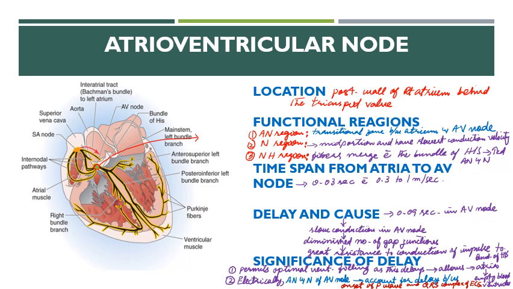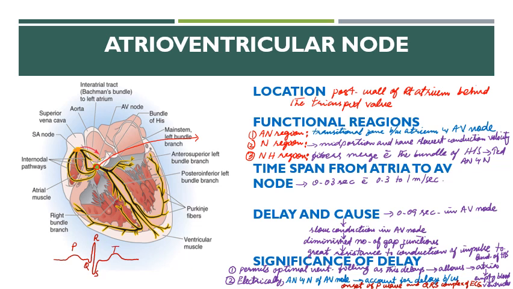If we draw the diagram of ECG, it is composed of waves. The first is P wave, then is Q, R, S, and T wave.